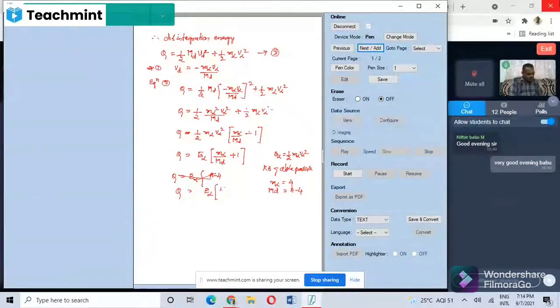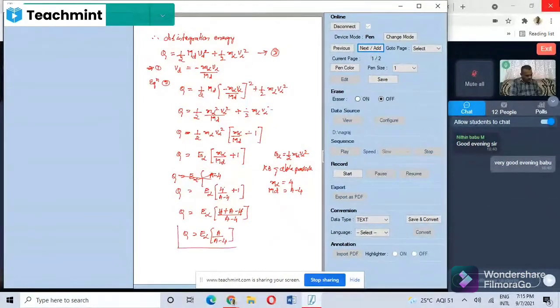So if you substitute, 4 divided by A minus 4 plus 1, this gives rise to Q is equal to E alpha into 4 plus A minus 4 divided by A minus 4. So here 4 gets cancelled. Q is equal to E alpha into A divided by A minus 4.